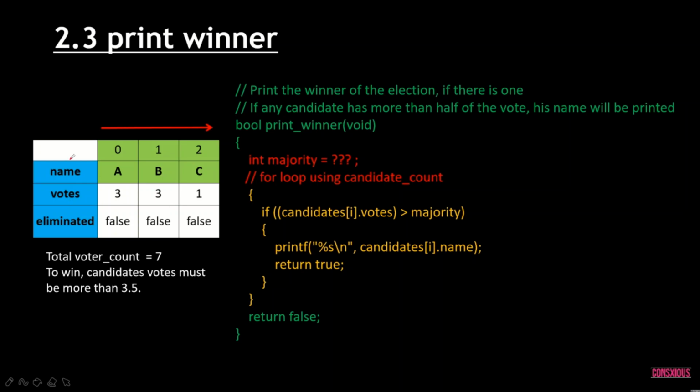So if any of the candidates has more than 3.5 votes, that candidate is going to be the winner of the election. This I leave to you, which I think is quite direct. It's a for loop through the candidates. If the candidate's vote count is more than 3.5, then we print the candidate name. Okay, this is quite easy.